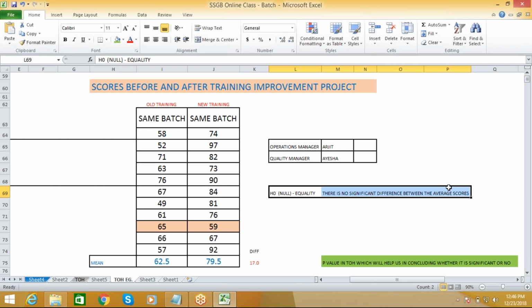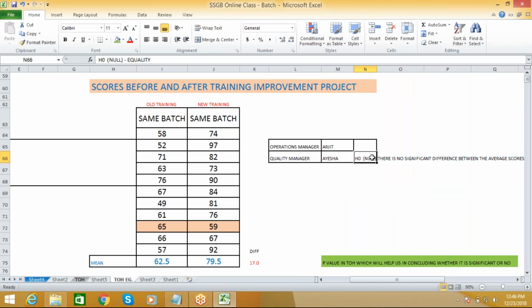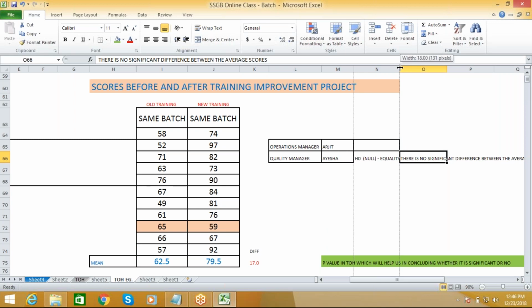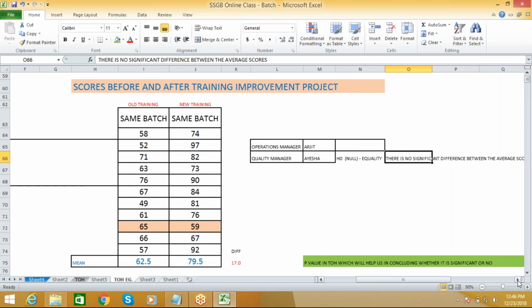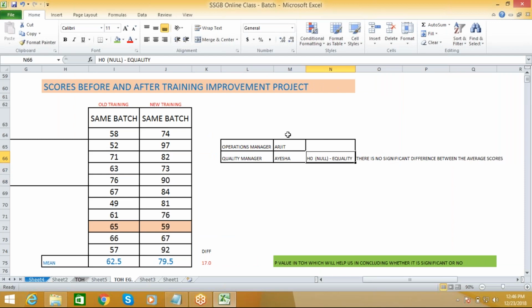So the null hypothesis, I'll paste it next to myself. Yes. So I'm supporting the null. I'm saying that there is no significant difference between the average scores. 17 is not significant. Right? For me, 17 is not significant.